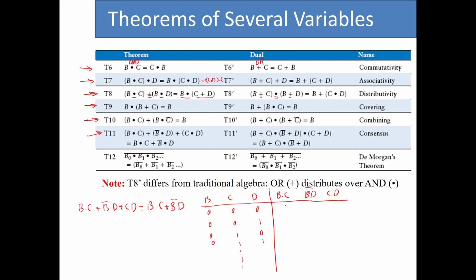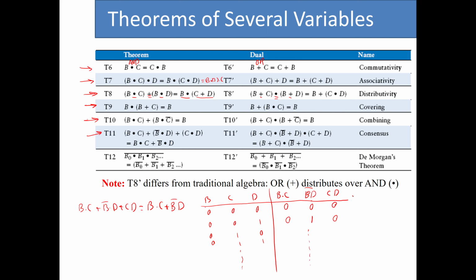So 0 and 0 is 0, 1 and 0 is 0, 0 and 0 is 0. For the next one, 0 and 0 is 0 again, 0 and 1, sorry, 1 and 1, you see this is B bar. So B is 0, which makes the B bar to be 1, and D is 1. So this is 1, and then finally CD is 0. So you can fill out this table all the way to the end.